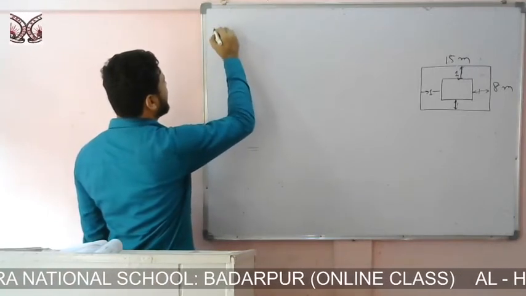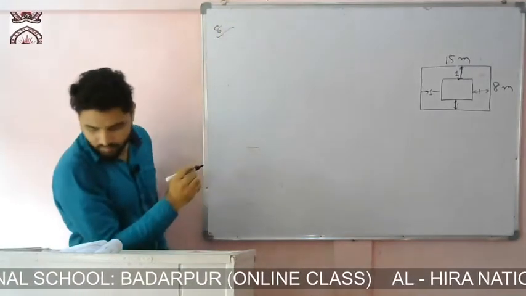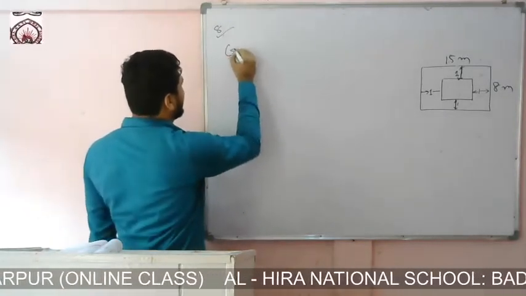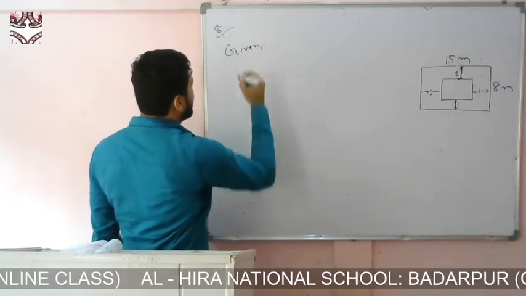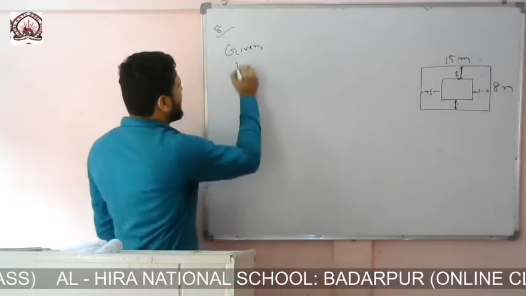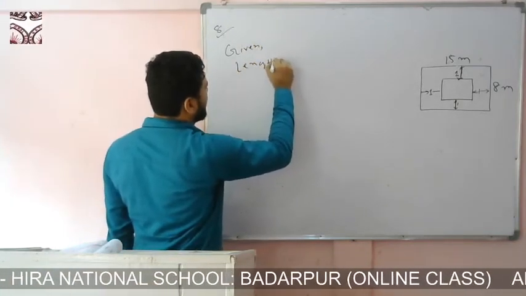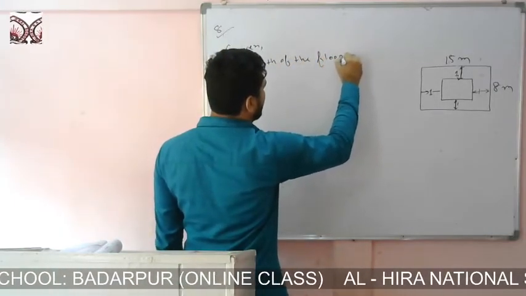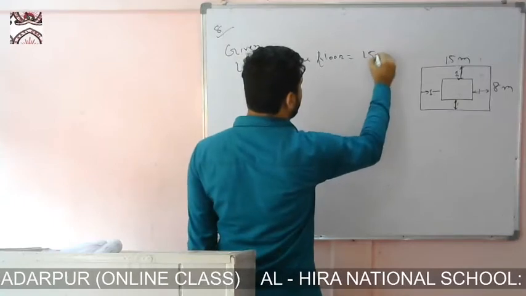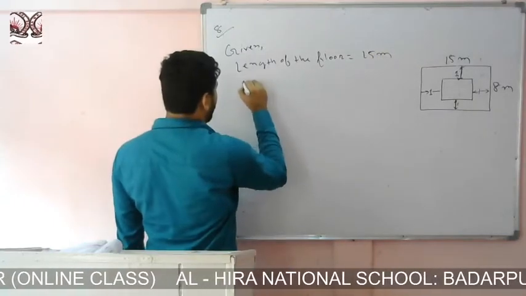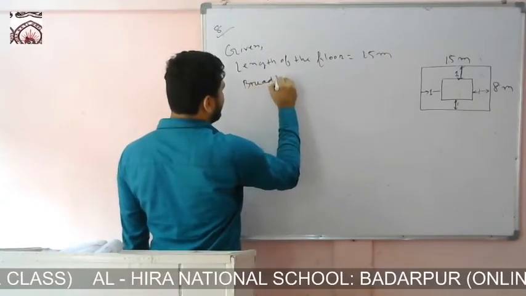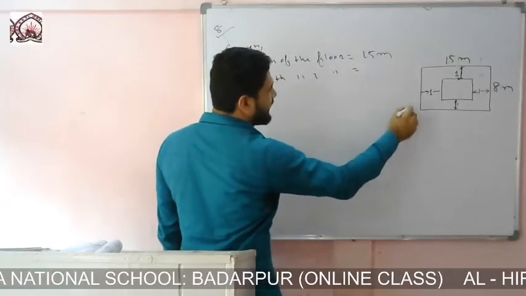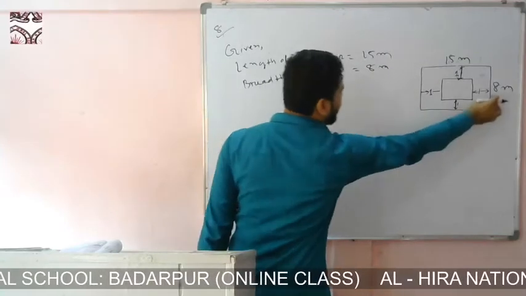Question number 8. So you see, given the length of the floor equals 15 meter. Therefore the breadth of the floor will be what? 8 meter. It is given, you see, 8.